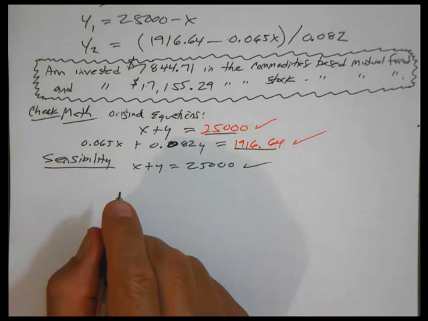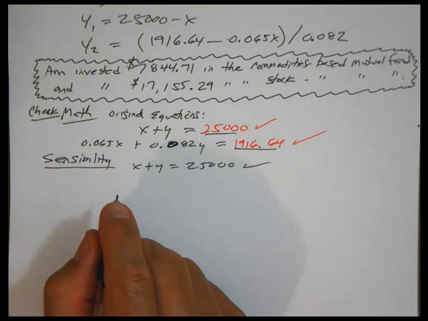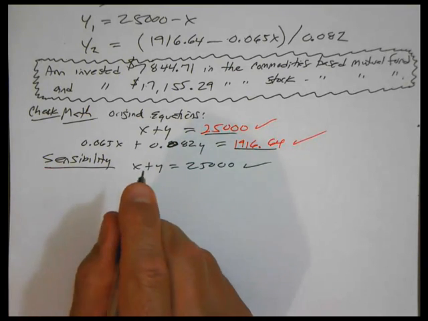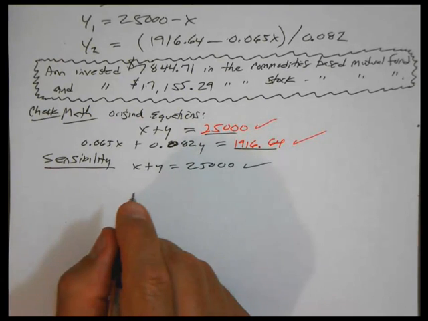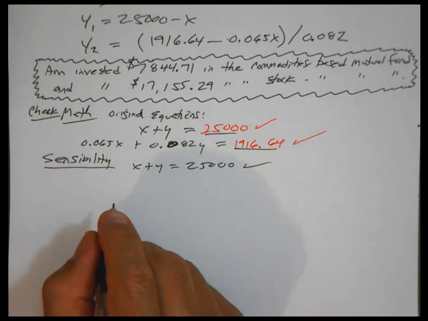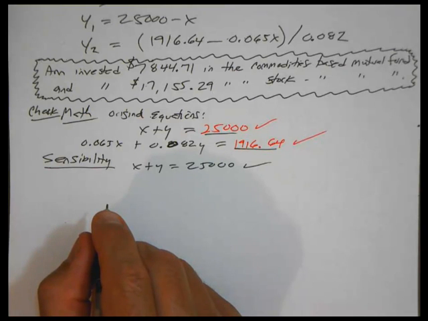Now, the other issue is more complicated. What could we do here without reusing our second equation, which was kind of a complicated equation? Well, we could consider extreme cases that don't have very complicated equations going with them. For instance, what if Anne put all the money, all $25,000, in the commodities fund?